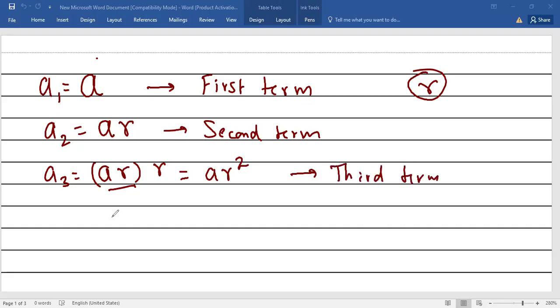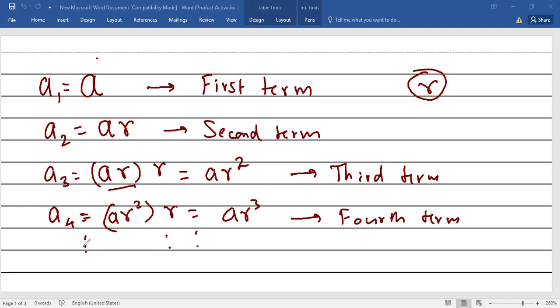In this way, we can also write the fourth term. Our previous term was ar squared multiplied by r. So we will get ar cubed. This is the fourth term. Going in the same way, we can generate all other terms. And if you look into the pattern, we can also write the nth term.